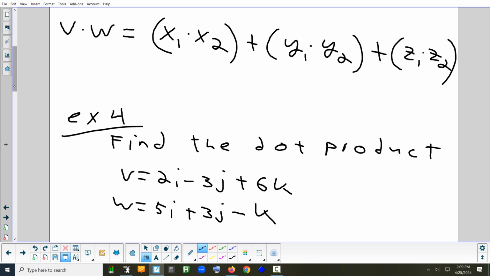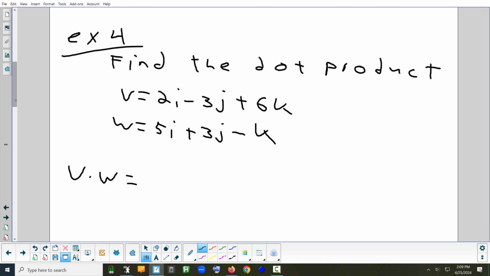Okay. So let's see if we can find the dot product between v and w. First two things I would multiply together are the i's. So tell me what they are. 2i times 5i, which is 10i, or just 10? Yeah, just 2 times 5. When you're doing a dot product, you don't have any letters in the answer. So it's just 2 times 5. We can simplify that in a second.